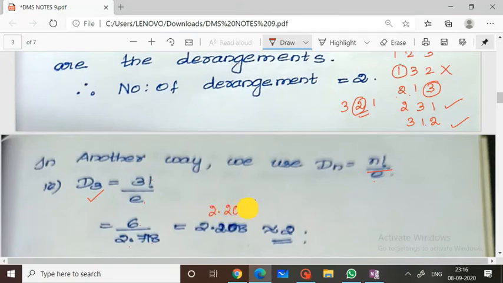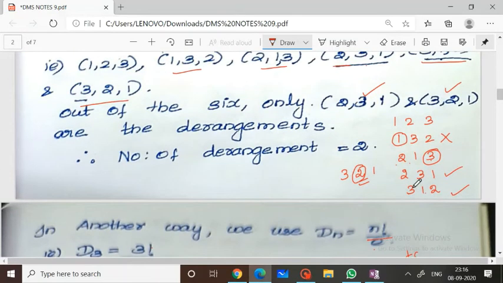Approximately, it is equal to two derangements. So directly I am getting the answer without writing the derangements. The two derangements are 2, 3, 1 and 3, 1, 2.